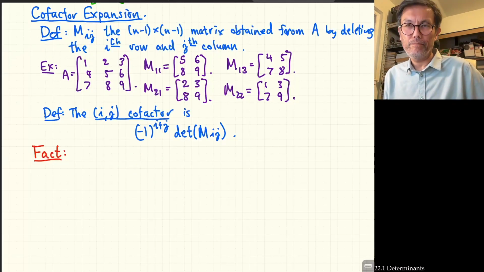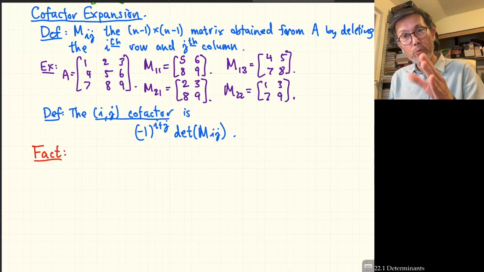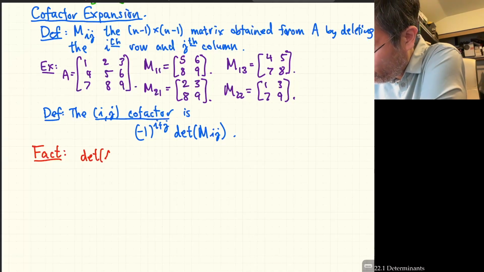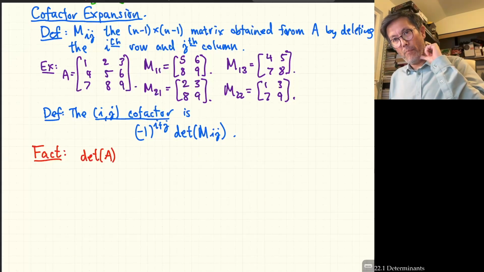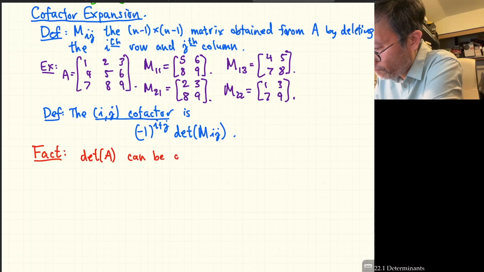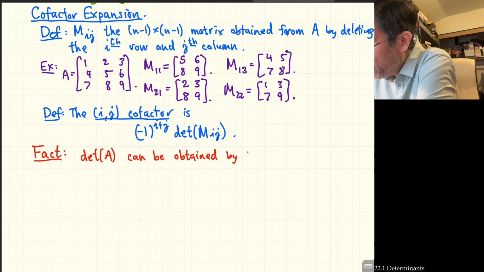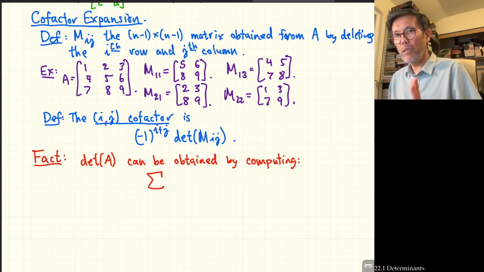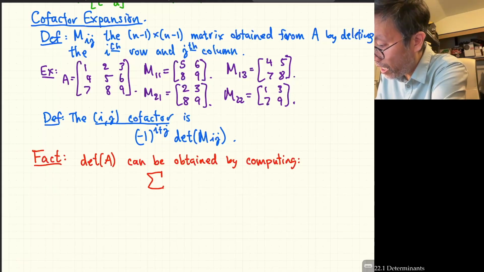Here's the fact. If you want to compute the determinant of an n by n matrix, it can be obtained by computing the sum of the ij cofactors.